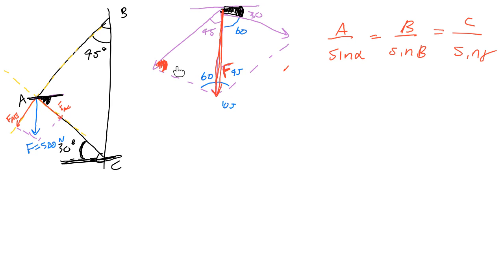This is 105, so that makes this over here 75, right? From there, we can use the fact that we know both of those to solve for the other two sides.